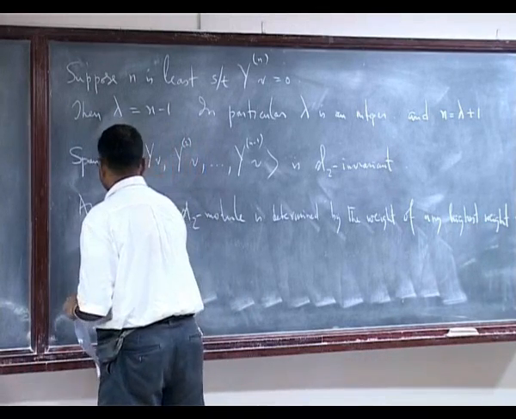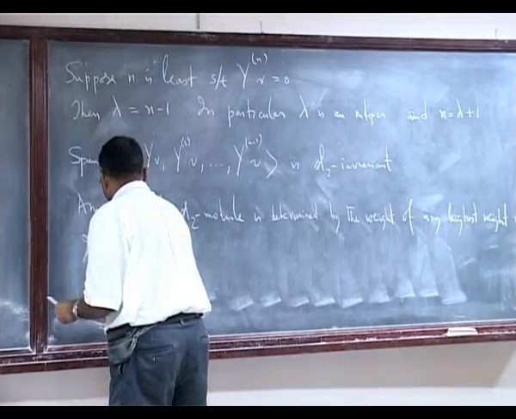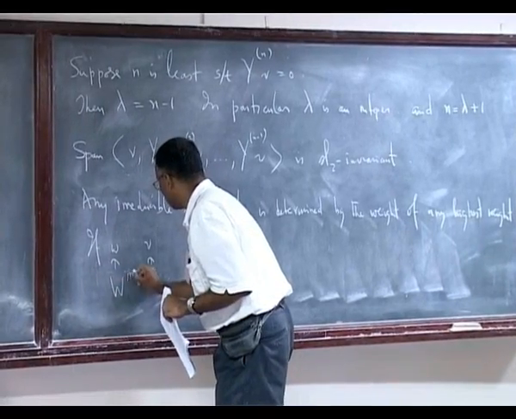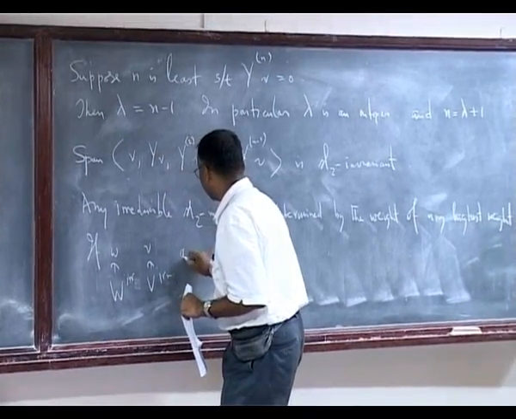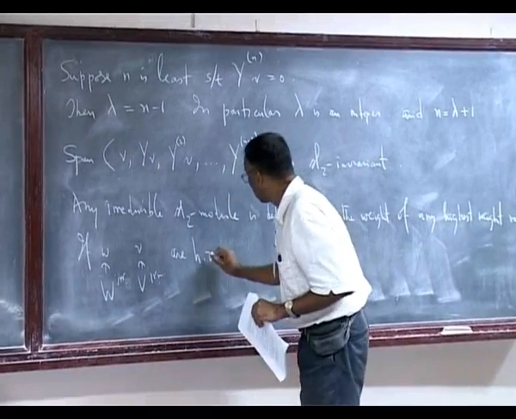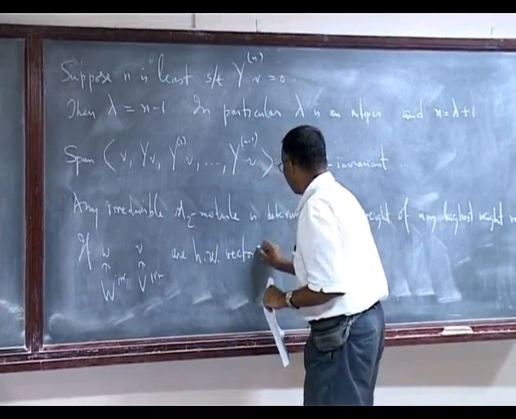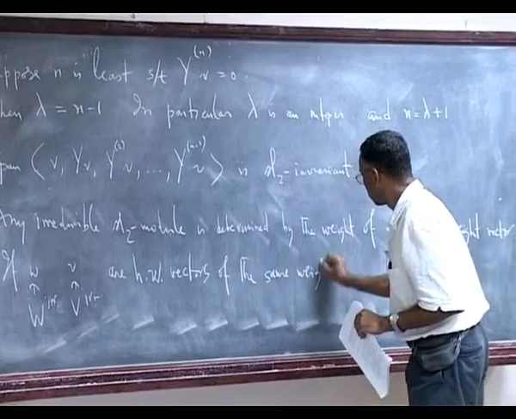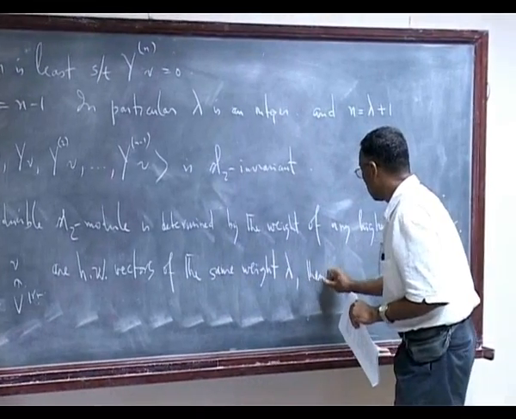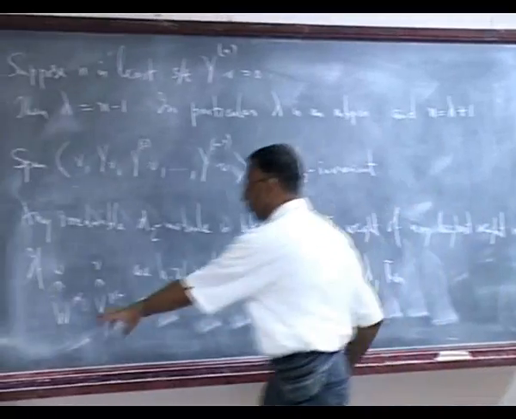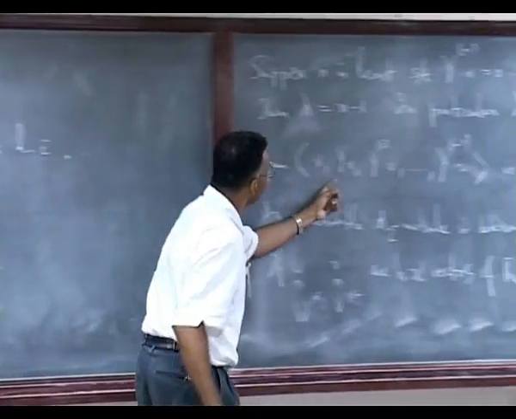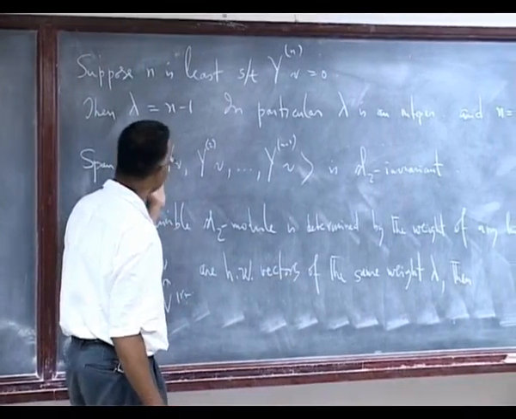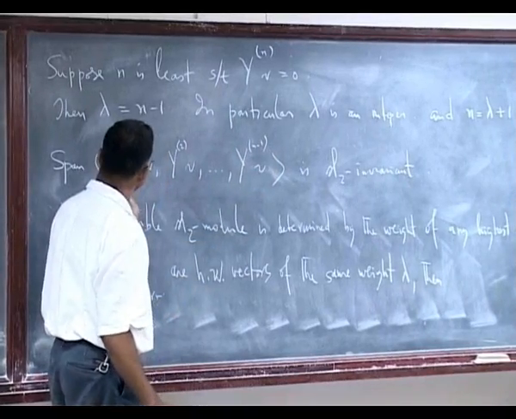So if W in W and V in V, where these are irreducible, are highest weight vectors of the same weight lambda, then we know that W is spanned by W, yW, y squared W and so on, and V is spanned by V, yV and so on.